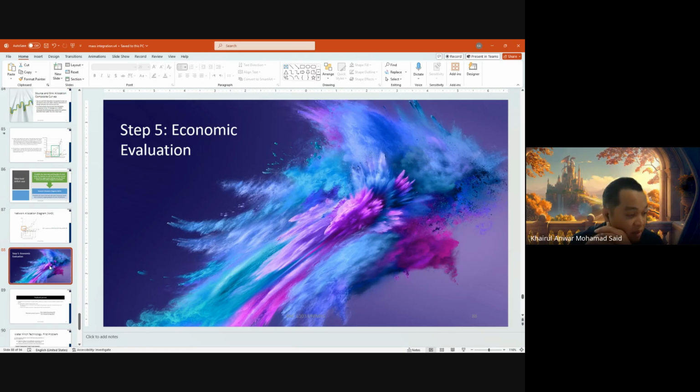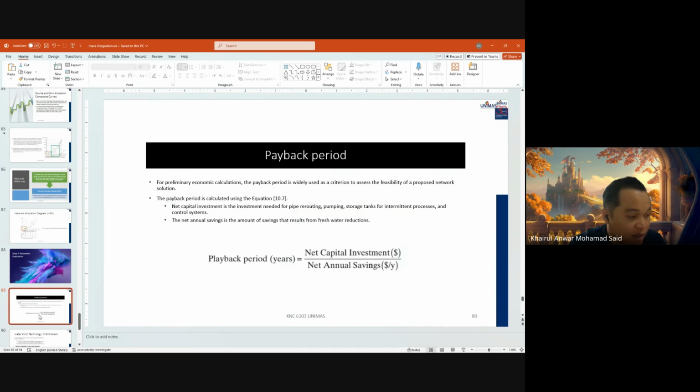So for payback period, the equation is simple. Net capital investment divided by net annual saving. So what is this term? The net capital investment here refers to the upfront one-time cash needed to implement your pinch design.